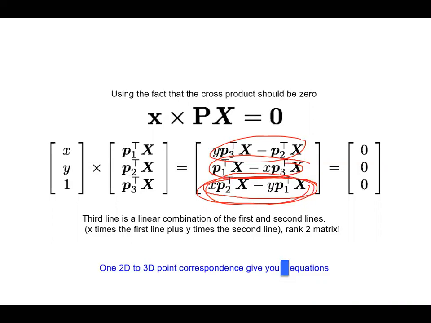But if I give you 2 equations and the third is just a conclusion or a direct multiplication of them, so what? I don't have any new information to solve the third variable. So this is just 2 variables, because the third does not have any effect. If you look closely, x times the first line plus y times the second line will give you the third one. Rank 2 matrix.